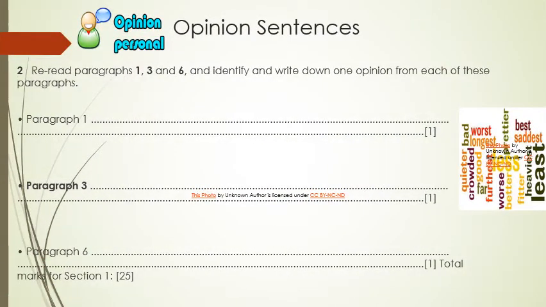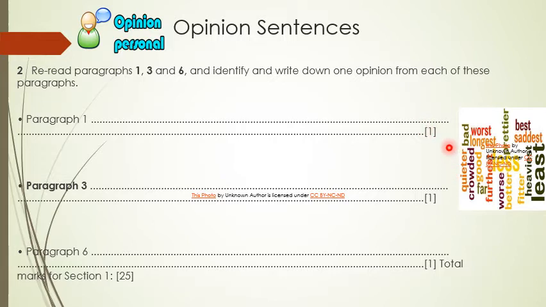The opinion sentence. Now, the last question of this paper is writing 3 opinion sentences from paragraphs 1, 3, and 6. Now, how to identify an opinion sentence? When you read these asked paragraphs carefully, see if any sentence has a very personal touch in it.